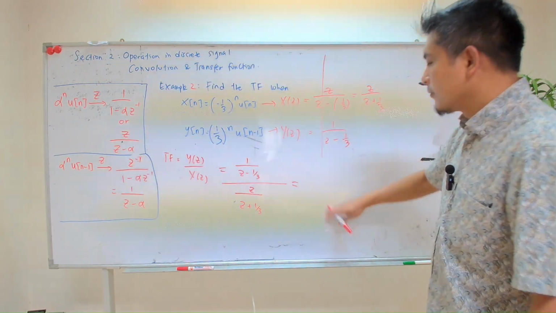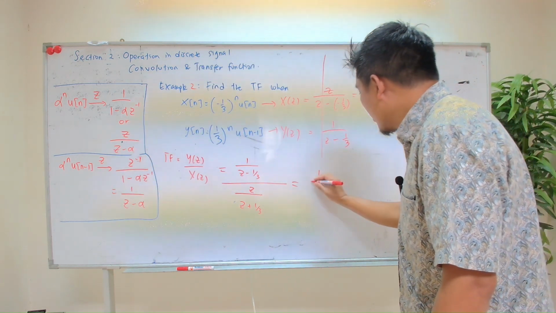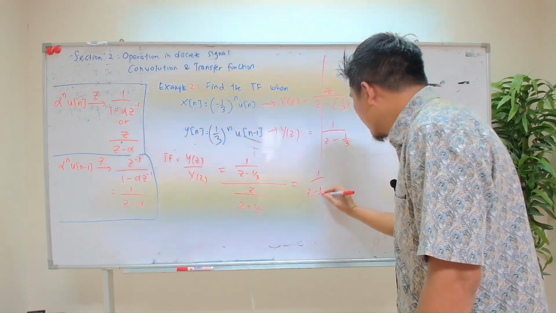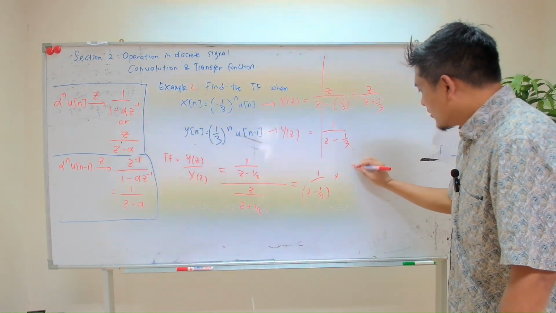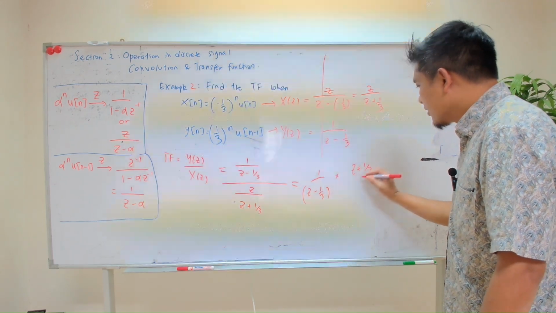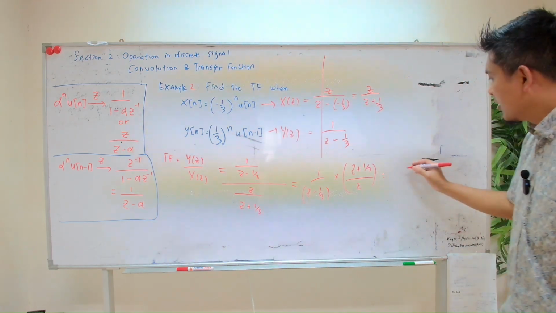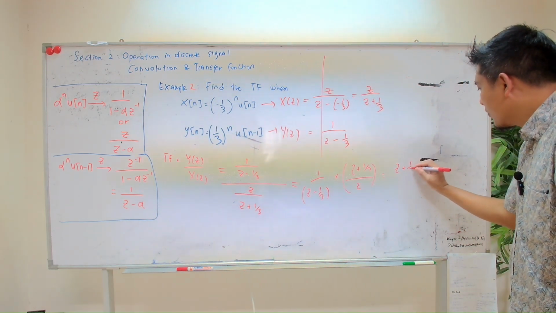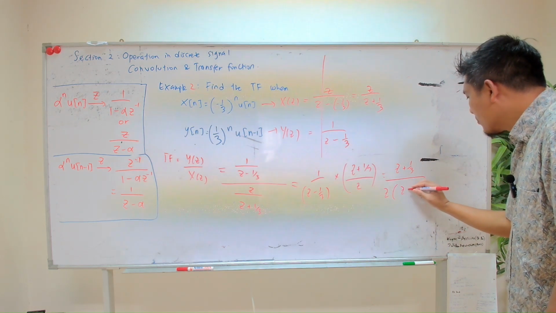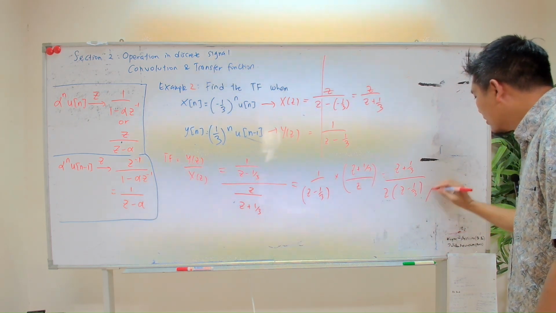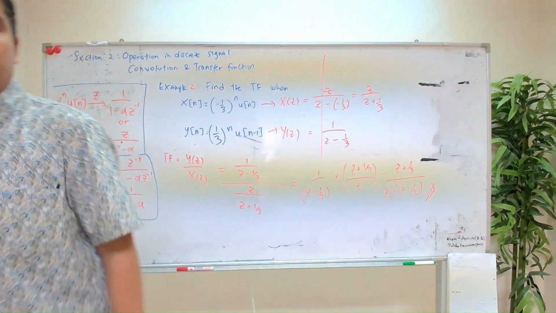It becomes 1 over z minus 1 over 3 multiplied with z plus 1 over 3 divided by z, and finally you get z plus 1 over 3 divided by z multiplied with z minus 1 over 3. So this is the answer for the transfer function.